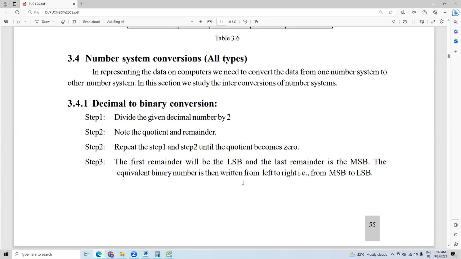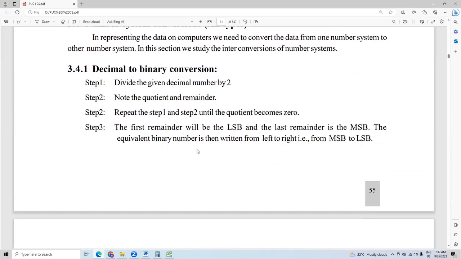Right. So now here the first one is decimal to binary conversion. What is the procedure for this? Divide the given decimal number by 2. See, decimal to binary they have said. That means the input value will be a decimal number. You have to convert it to binary. That means every digit of a decimal number should be multiplied by 2.